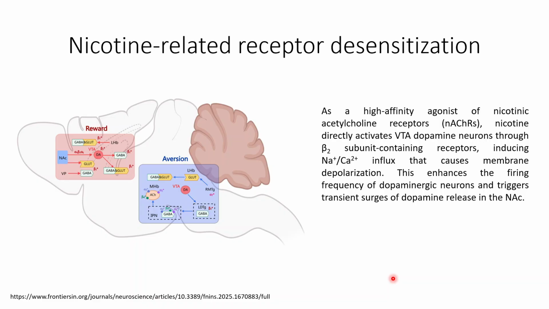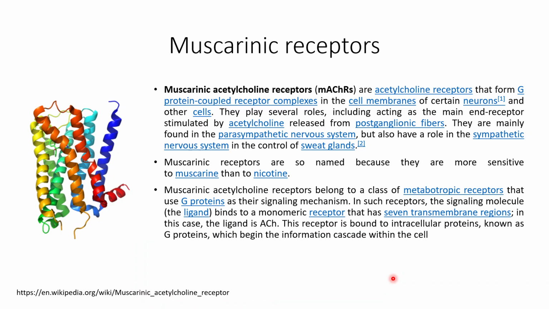So now coming from nicotinic acetylcholine receptors, you also have the next type of receptors that I mentioned briefly, which are the muscarinic receptors, which are also covered, right? These are also acetylcholine receptors, except they have a different structure and they function differently altogether because they are GPCRs, or G protein coupled receptor complexes, right?